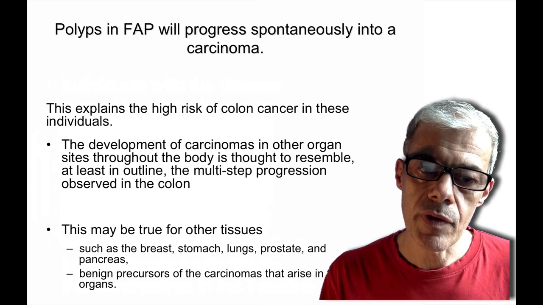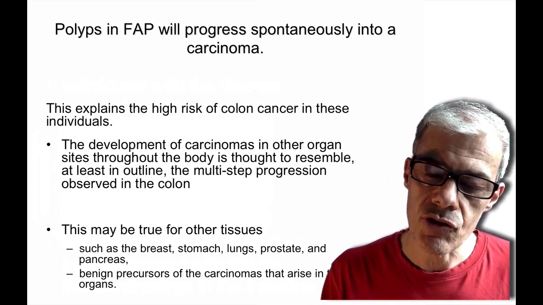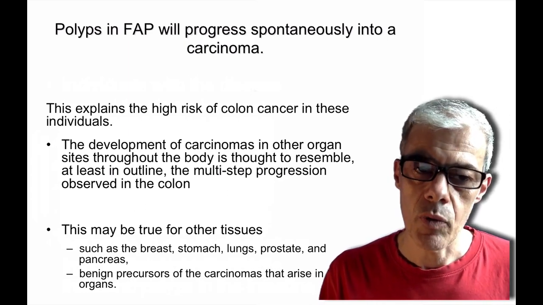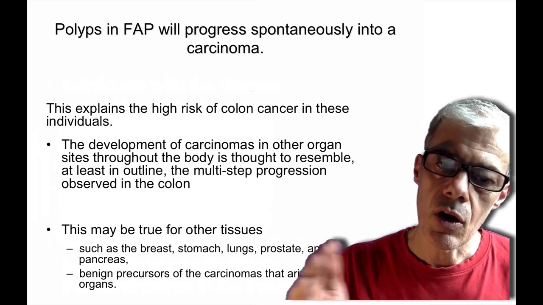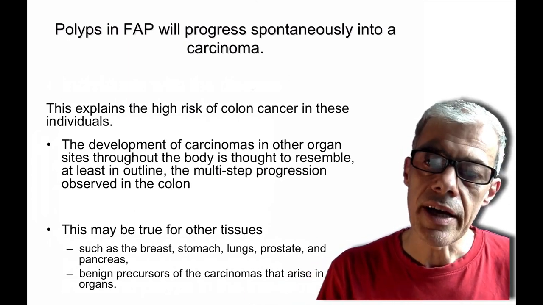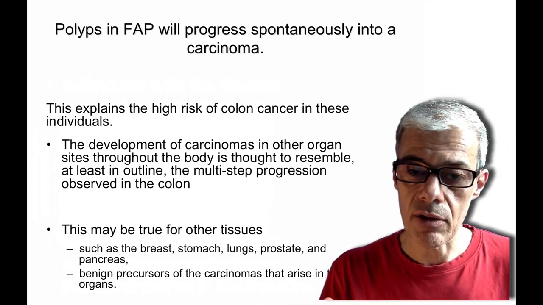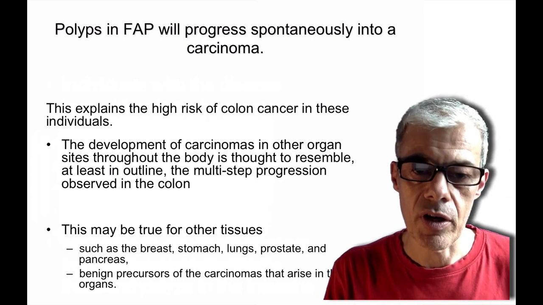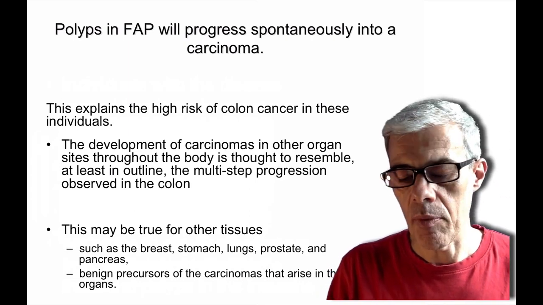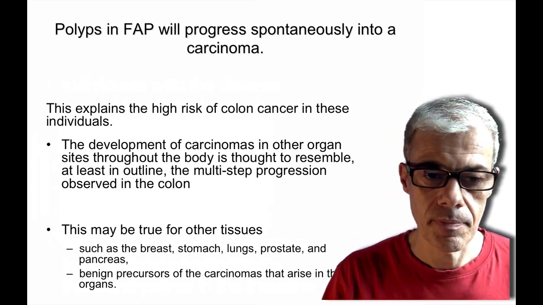If this is true for colon cancer, then it's probably true for other cancers as well, where there's a succession of genetic mutations that occur in fast dividing cells, and the buildup of these mutations gives rise to cells with uncontrolled proliferation.